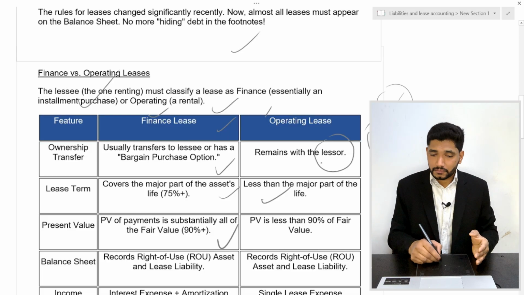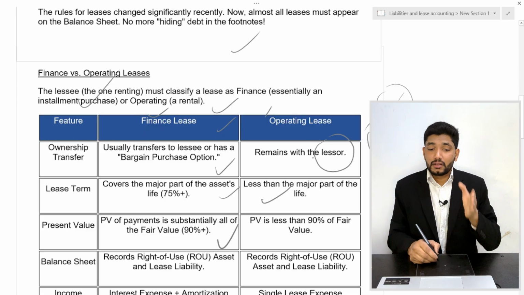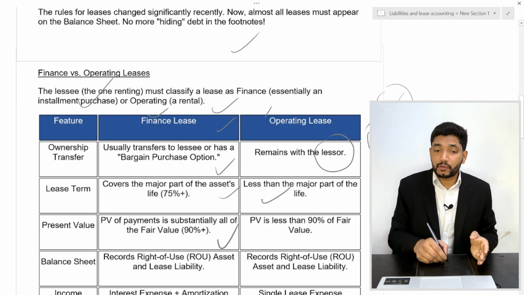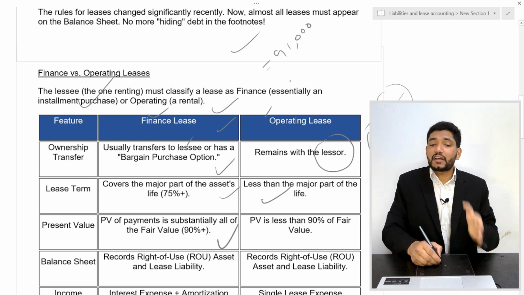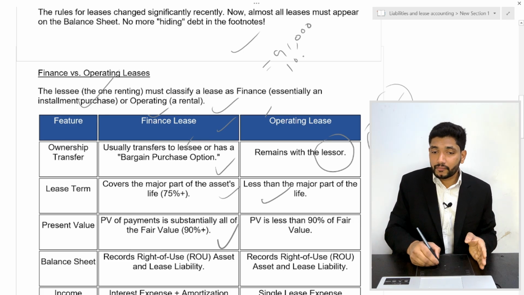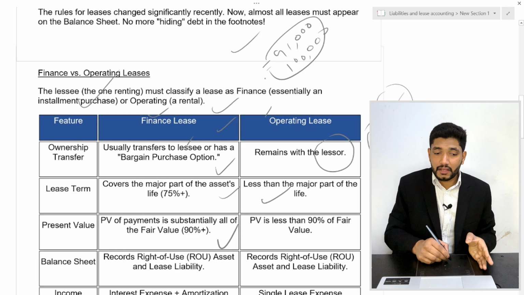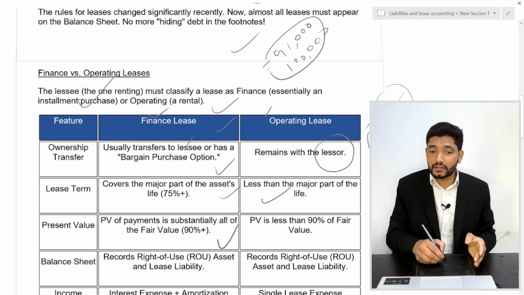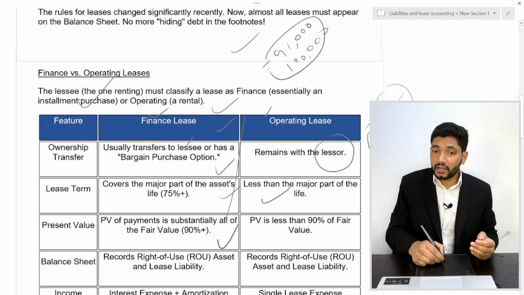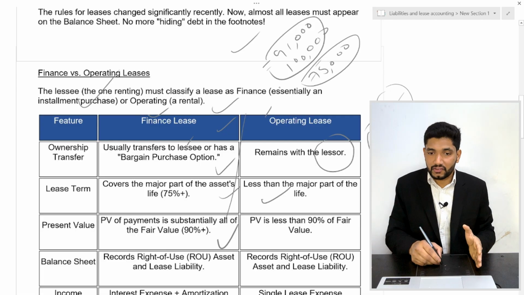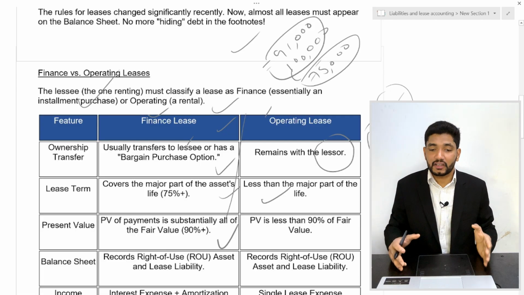Suppose the present value of your total payment is 91,000 and the fair value of that asset is only 100,000. So, in this case it is a finance lease. At the same time, if it is less than 90%, that means the present value of the complete lease payment is only 75,000 and the fair value of the asset is 100,000, then it is an operating lease.